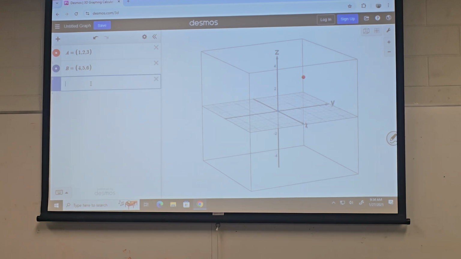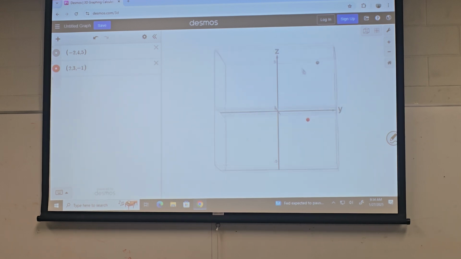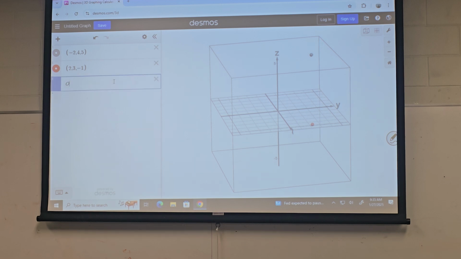All right, another fun thing you can do. Say I have the point -2, 4, 5, and let's see, 2, 3, -1. So while these are coordinates, I want to think of these as vectors.